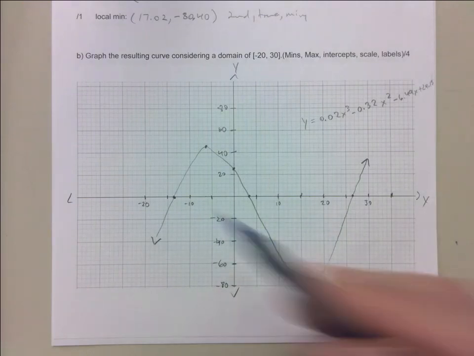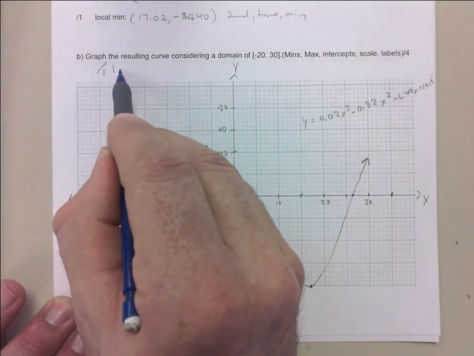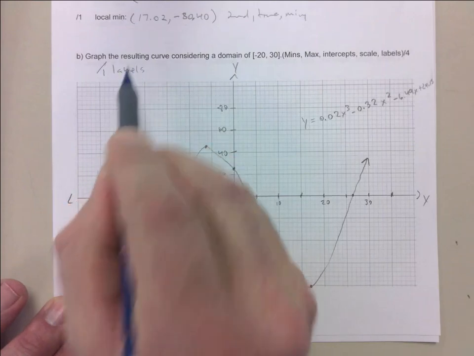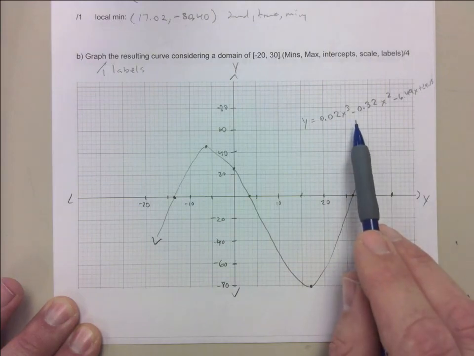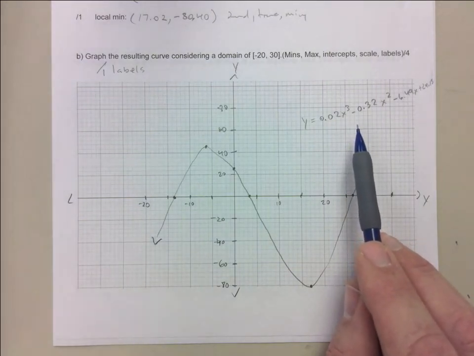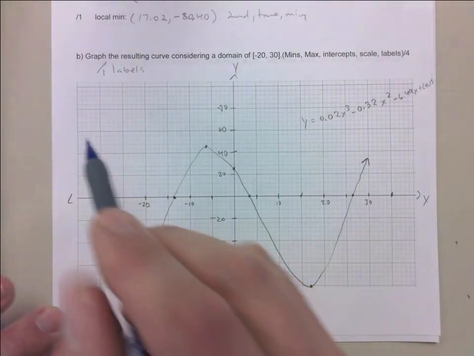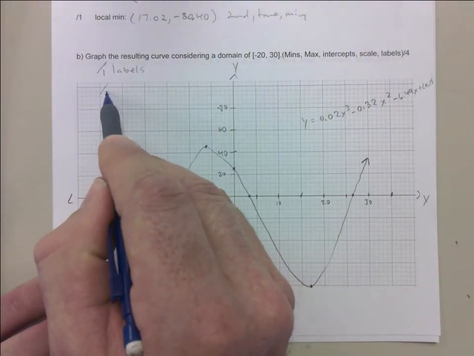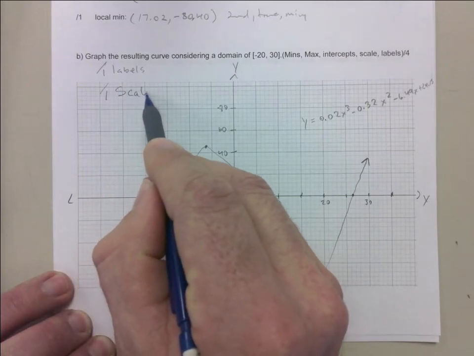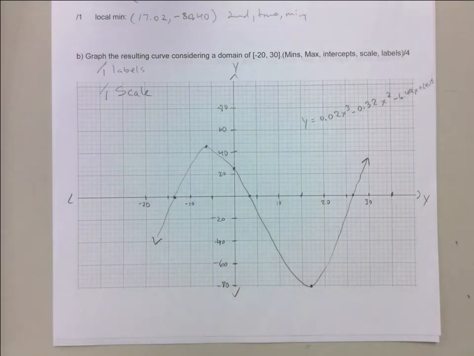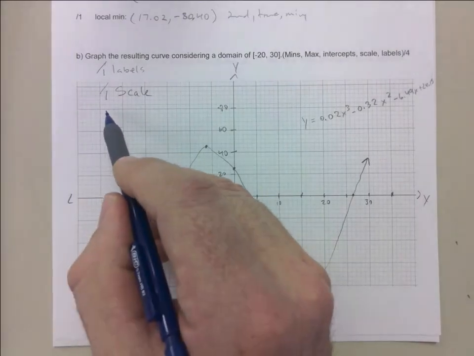So I'll give you 1 mark for labels. That means X and Y have been labeled and the equation is there. So if you missed a label, take off half, okay? Then I'll give you 1 mark for scale. So is your scale appropriate? Is it consistent?